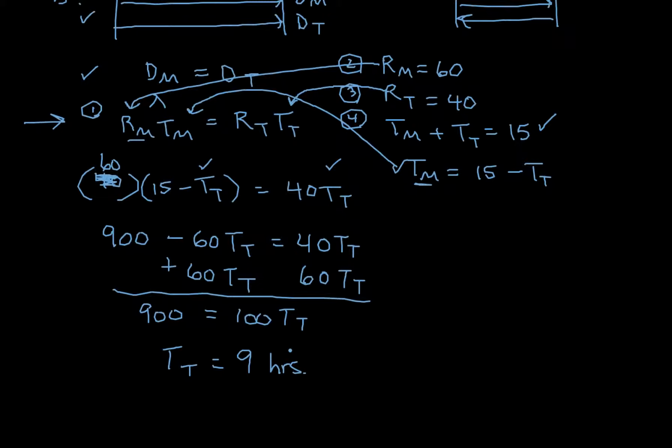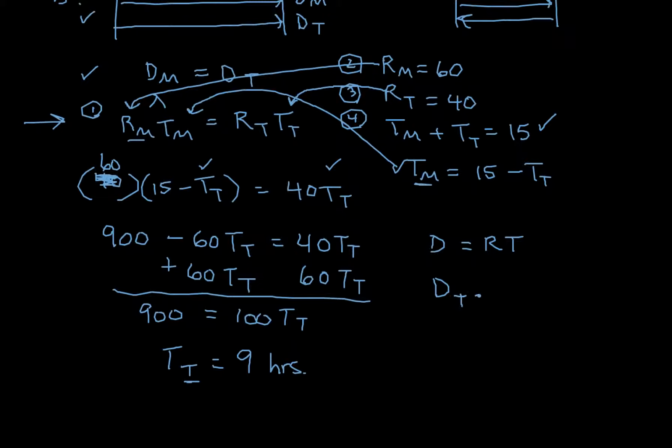Okay, go back and answer the question. How far was it to town? Well, we're just going to figure out distance equals rate times time, right? So it doesn't matter which distance we use, so we'll use distance Tuesday, since we have the t.